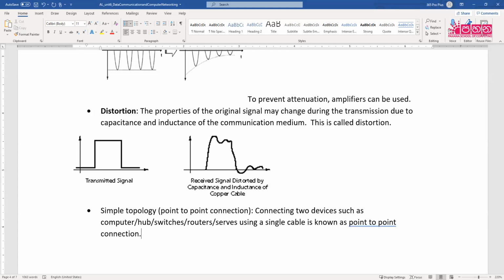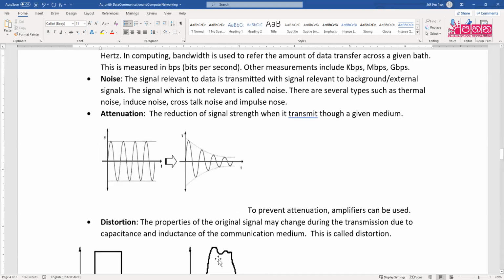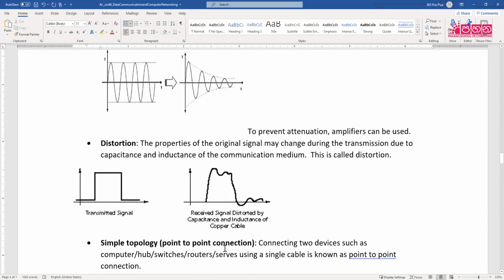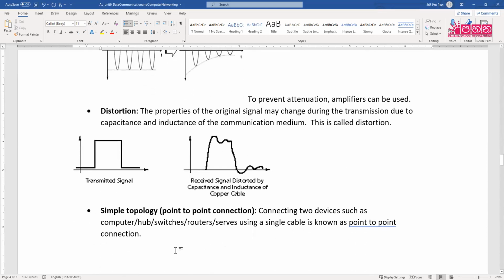And this is the simplest topology you can have. So this is also something that we want to discuss under this. It's not very relevant here, but in the syllabus, it was mentioned like this. So point-to-point connection, connecting two computers together.